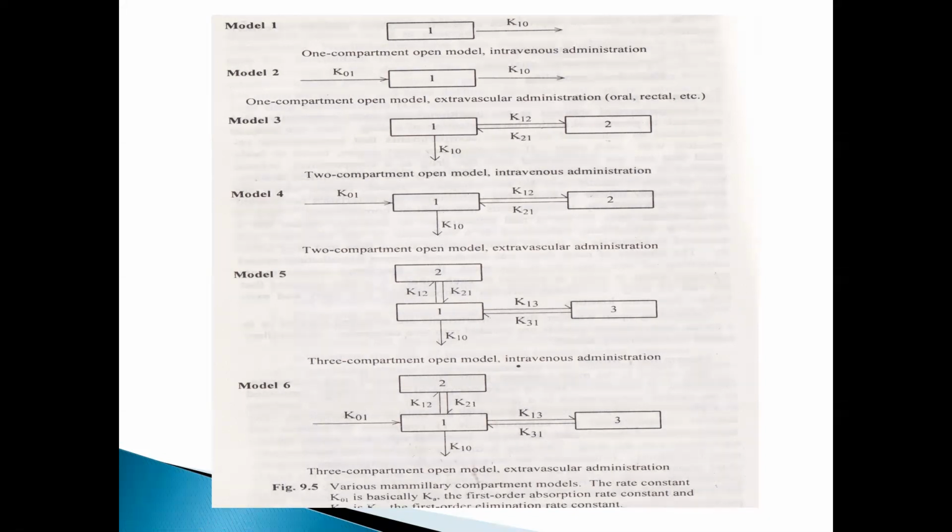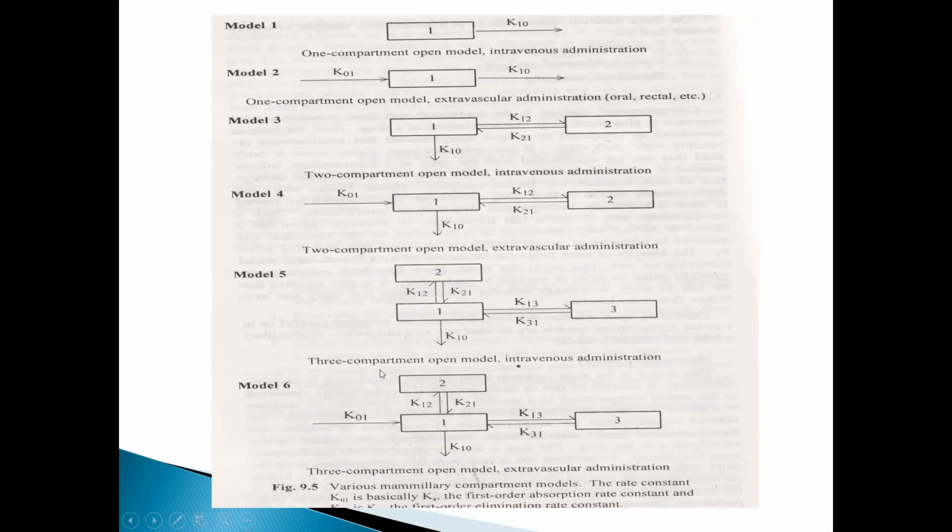Okay. So then, the next is the 3-compartment open model. Why do we call it open? Because both absorption as well as elimination are occurring from the central compartment. And in this model 5, you can see a 3-compartment open model.